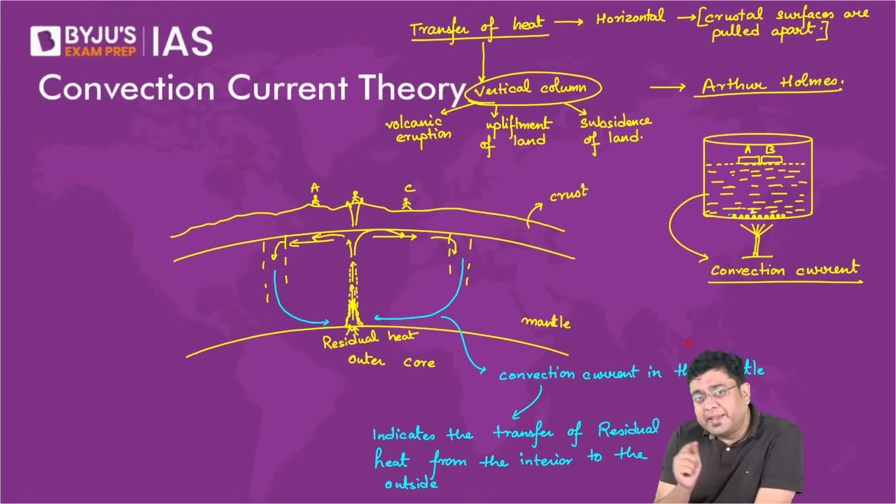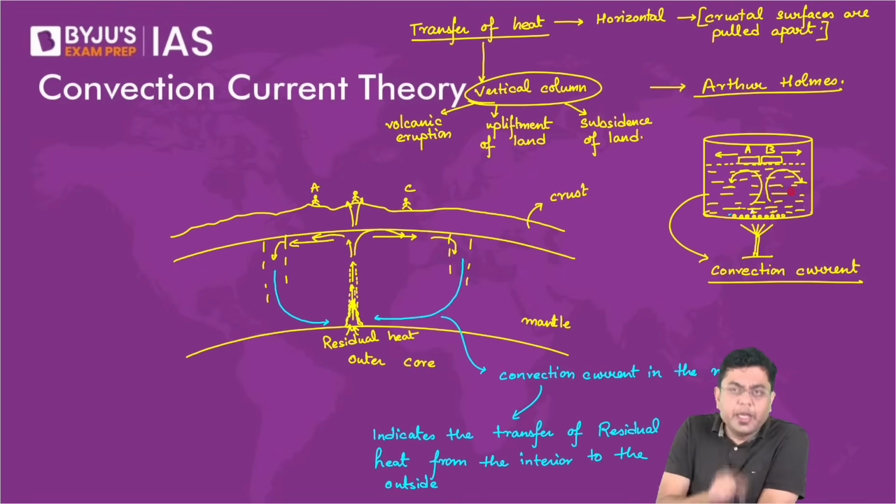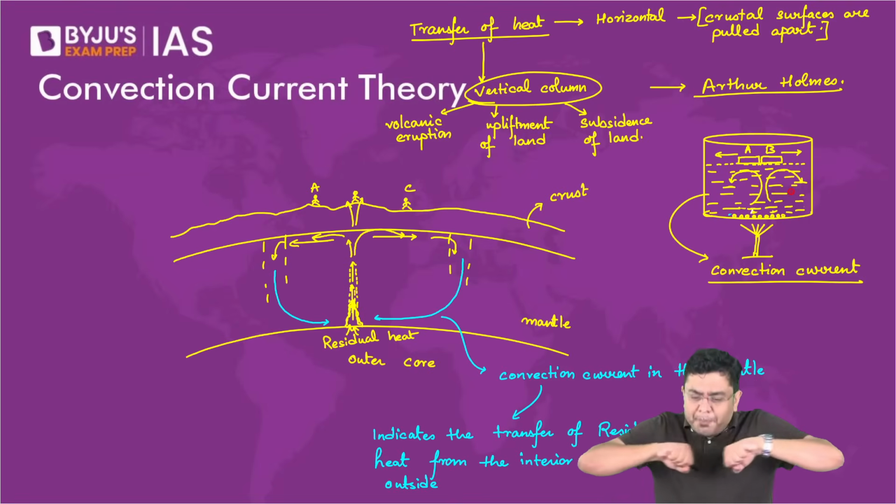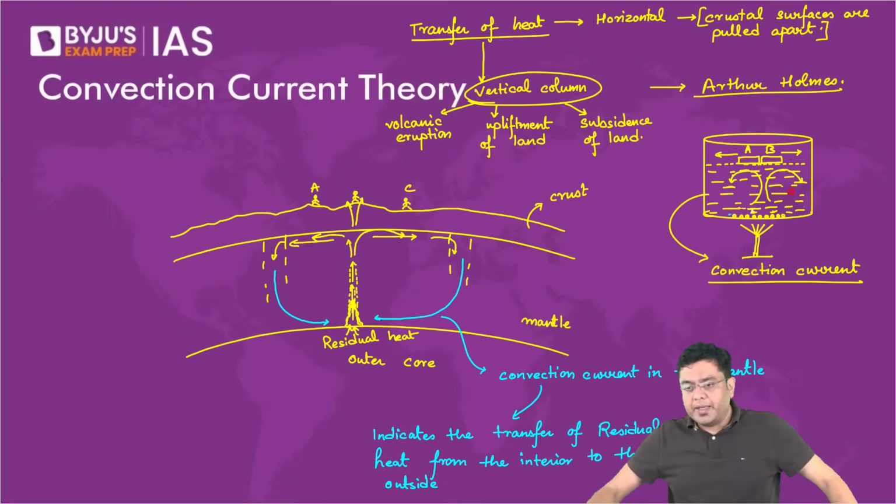Now after this starts heating and boiling up, what you will observe is that A and B are drifting away. And why is that? Because the convection current which is generated will push them away. So similarly here also, as the convection current is generated, it will pull them away from each other. So that is what is experienced.